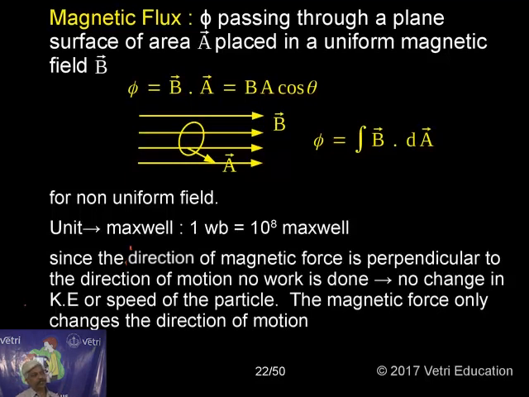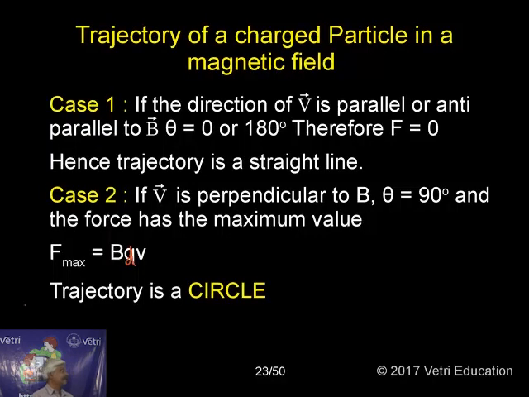In circular motion, the velocity is not uniform, but the direction of the velocity continuously changes, and that becomes a circular motion. Just like that, a charged particle moving in a magnetic field always makes a circular motion. That is called the trajectory of a charged particle in a magnetic field.